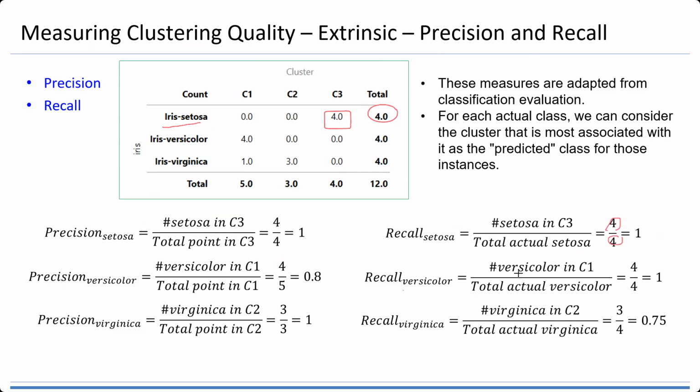For versicolor, the number of versicolor in C1 is 4, divided by the actual, which is 4. And for Virginica, the number of Virginica in C2, which is the majority, we divide by the total actual Virginica, which is 4. So we got the value 0.75.